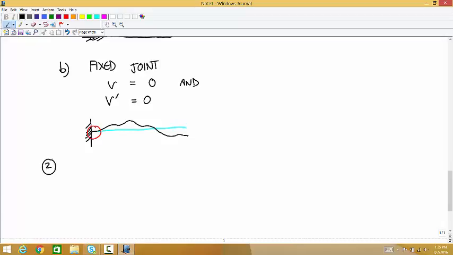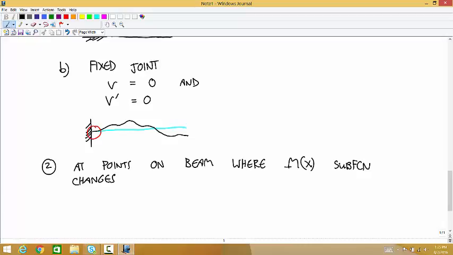And if you think about it that way, this makes sense, but at any points on the beam where the moment subfunction changes, the deflection at that line where the subfunction changes coming from the left is equal to the deflection at that line coming from the right.